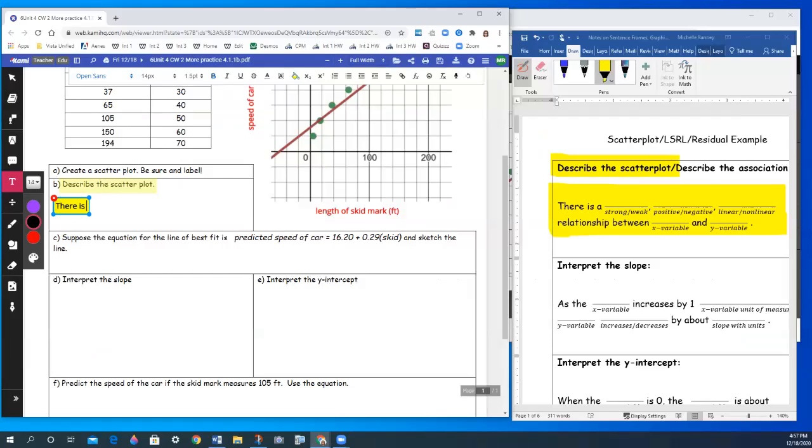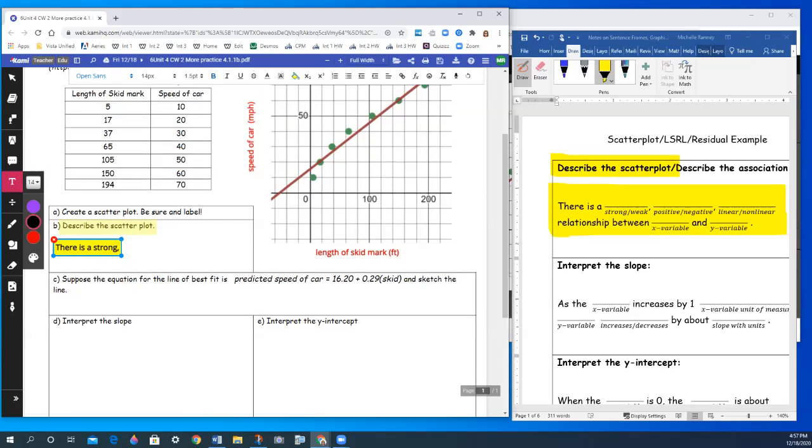there is a strong, points are very close to it. Let me move it down so we can kind of see the graph. Positive because it is increasing.